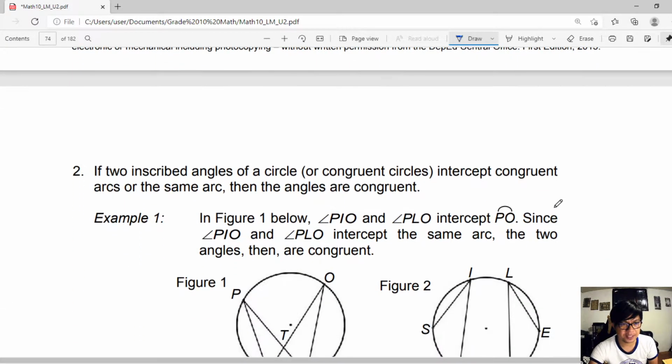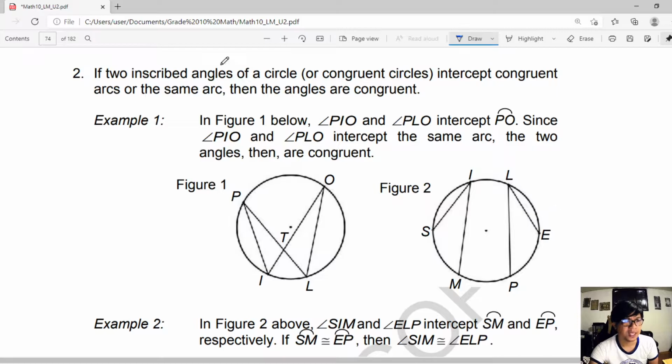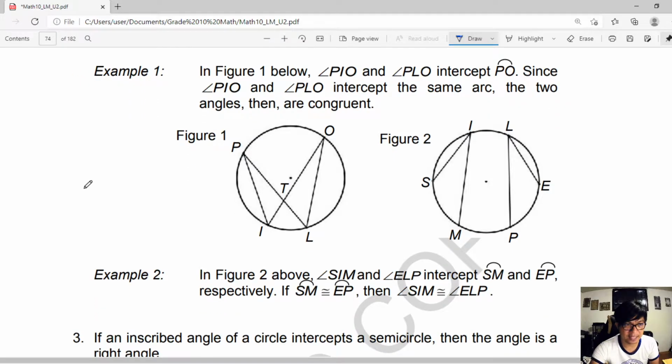Okay, so let's proceed with theorem number 2. If two inscribed angles of a circle or congruent circles intercept congruent arcs or the same arc, then the angles are congruent. So, example. In figure number 1 below, angle PIO and angle PLO intercept arc PO.